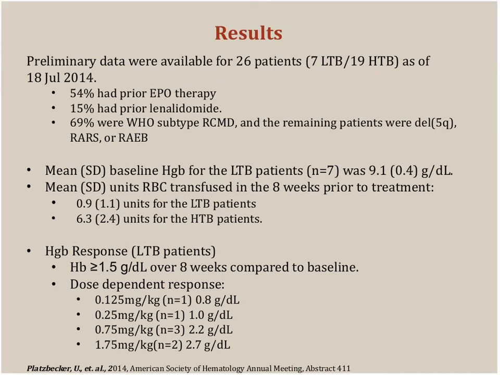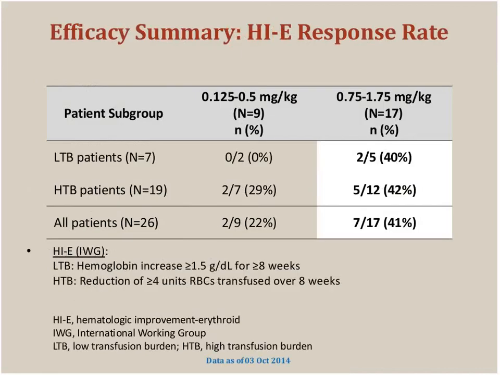And you can see that there were patients with lower transfusion requirements. Here, 0.9 units for 8 weeks in the lower transfusion, 6.3 units in the higher transfusion. And for the hemoglobin response in lower transfusion requirements, you can see that there was a smattering of responses, 7 overall in the cohorts that were administered, which is really summarized here on this slide.